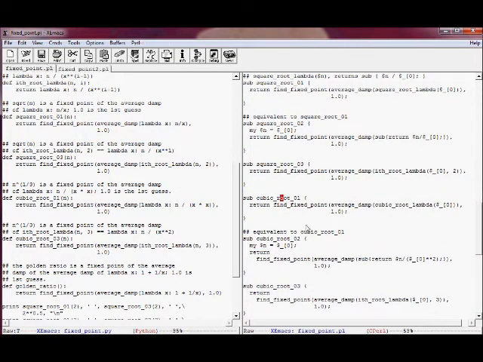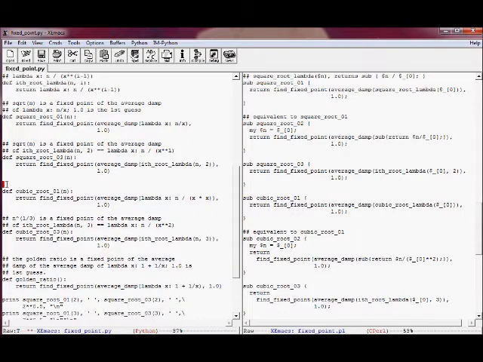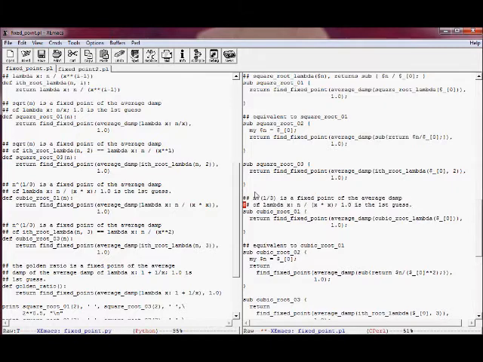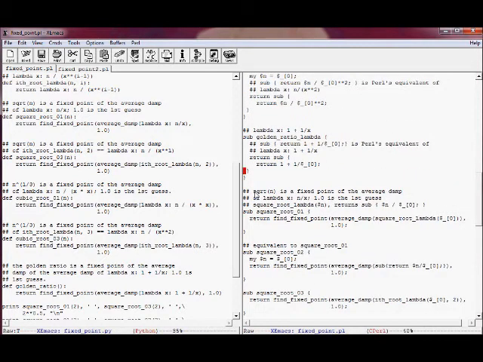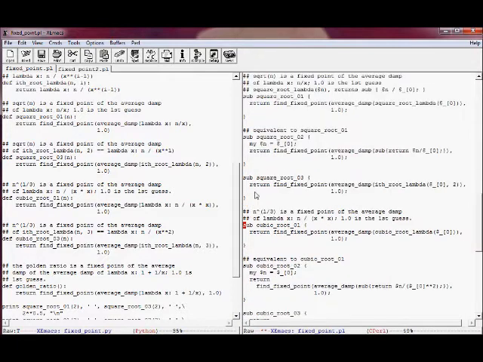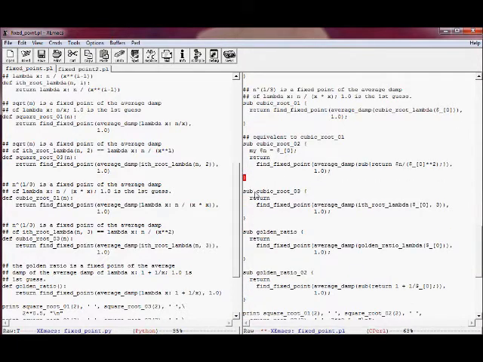Let's align the square root of 1. So this is the fixed point of the average damp of lambda x: n over x squared, and we can do the cubic root, right? And then the cubic root of 0, 1. That's the same, except that cubic root lambda returns this anonymous function right here, Perl's equivalent of the lambda function.